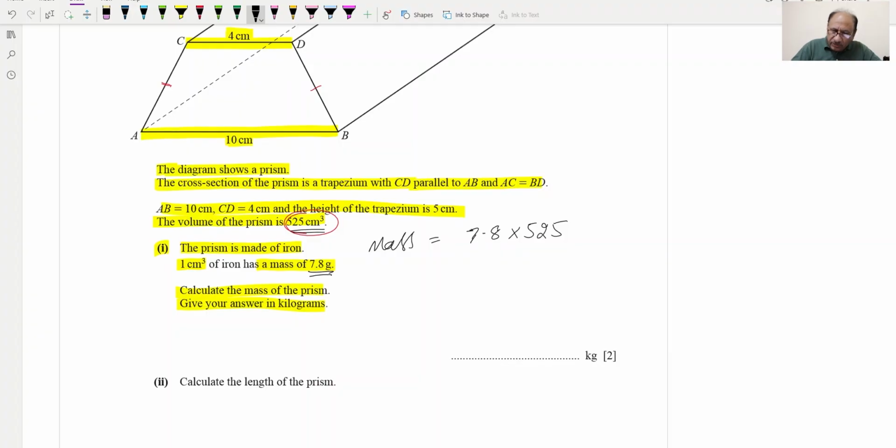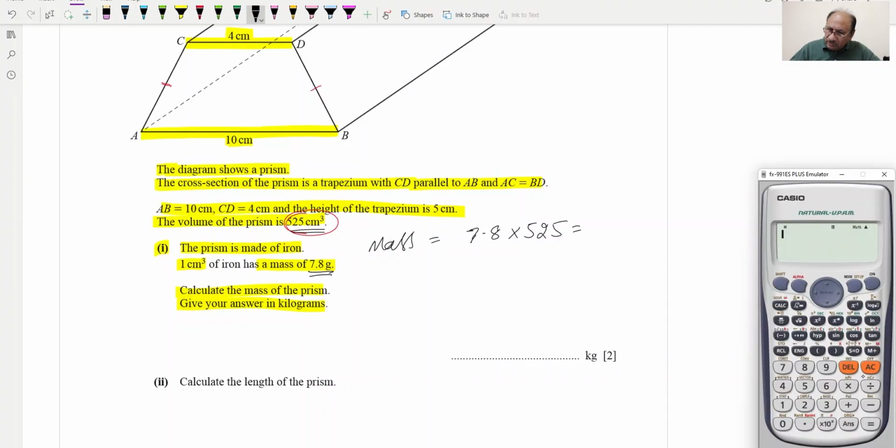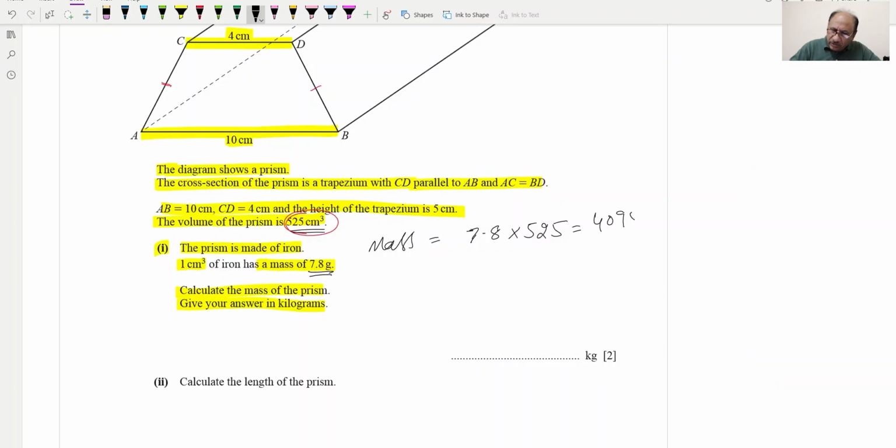So we know the unit price, so we have to multiply by 525, and keep in mind the answer will be in grams, which we later convert into kilograms, as required. So this will be 4095 grams, which we need to convert to kilograms.